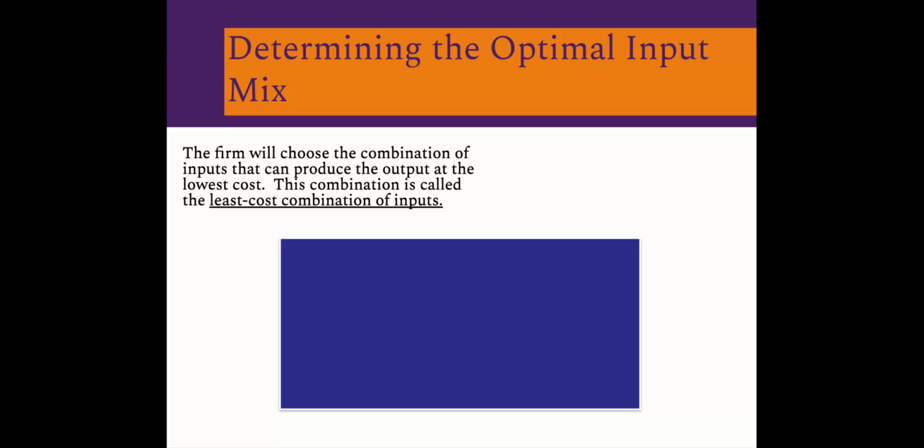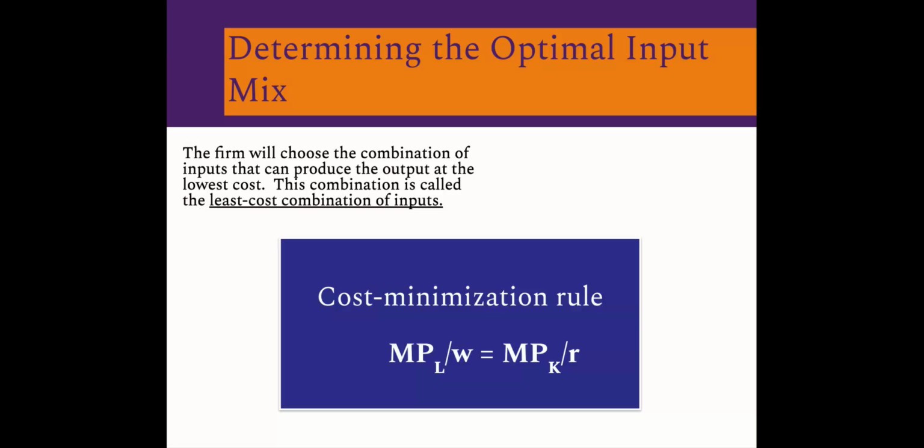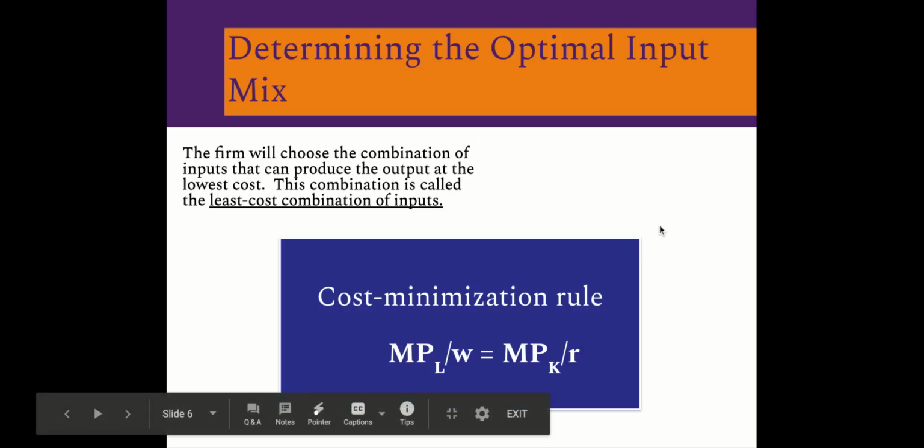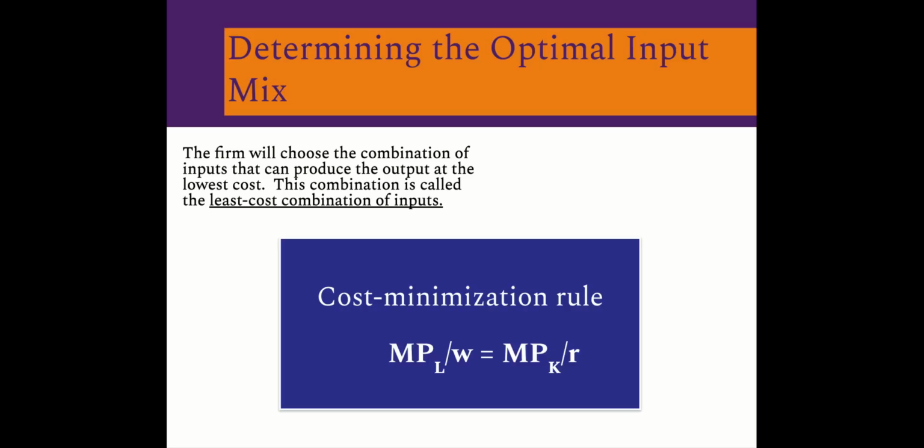This is something different. This is when you take them and you combine. This is the least cost combination of inputs, okay? And this is what this equation looks like. The marginal product of labor, so the physical amount of product that worker gives you over the wage rate, when that equals the marginal product of capital, a lot of times we use the letter K when talking about capital, just to not be confused, over the rental rate.